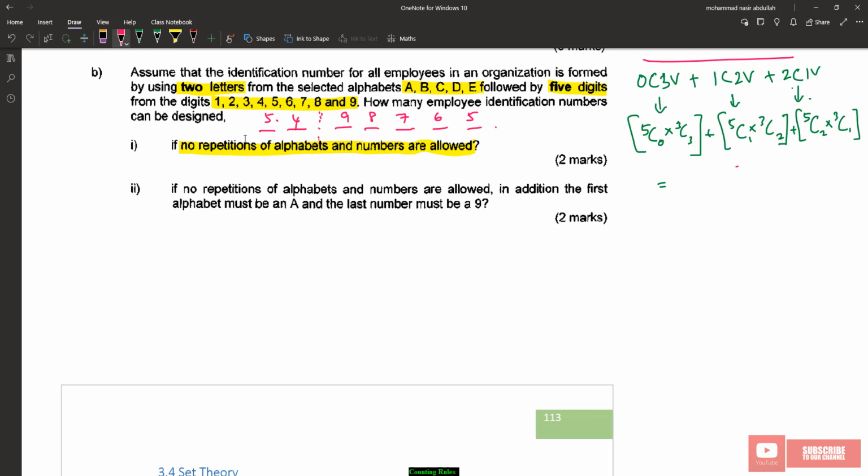Ataupun the second way you can do by using combination method. So we have 5 choose 2 for alphabet. The second one is 9 choose 5 for digits.